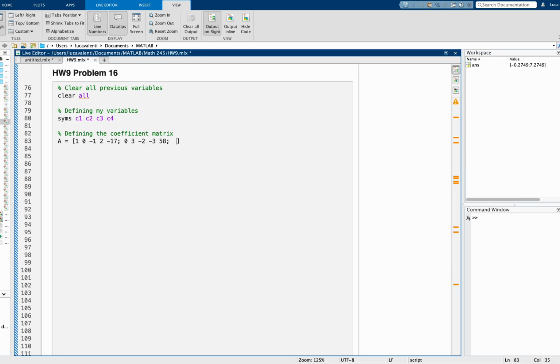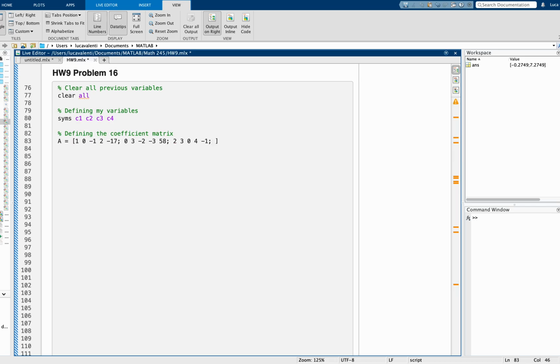That's our second row. Now we do our third row, which is 2, because there's a coefficient of 2 in front of C1, 3, a coefficient of 3 in front of C2, 0, C3 does not appear, 4, a coefficient of 4 in front of C4, and all of that is equal to -1.